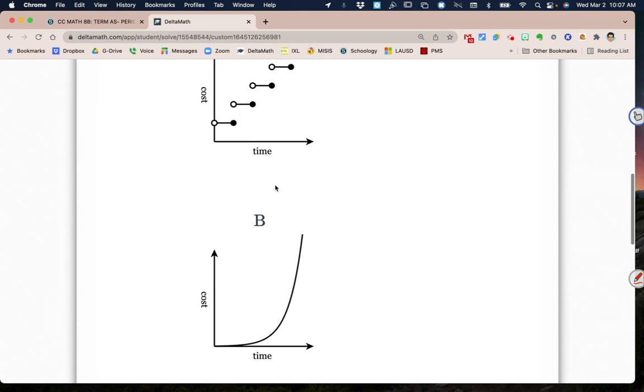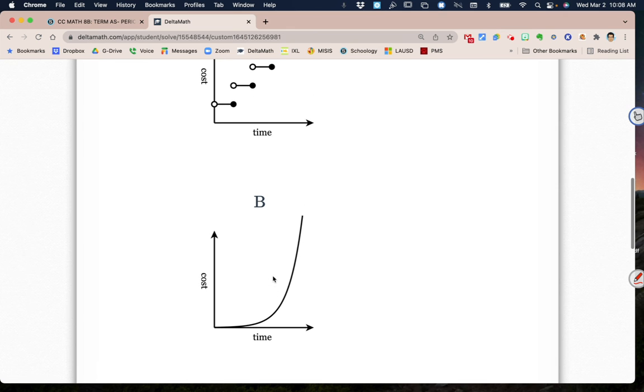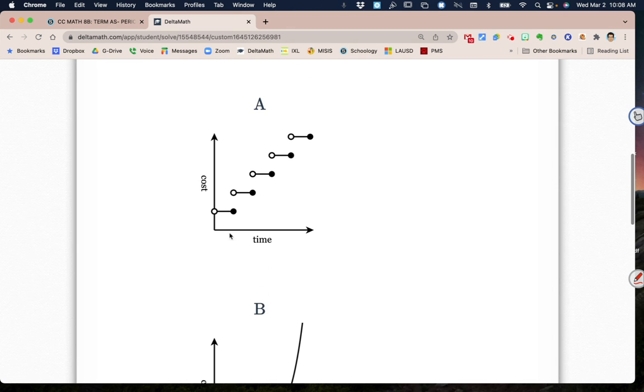B? Well, looks like they don't charge you, then they start charging you after a couple hours. That'd be nice, but that's not what they're doing. I think it's A. For the first hour, you pay this much. For the next hour, it jumps up to this much. No matter how far in, it just keeps on increasing.